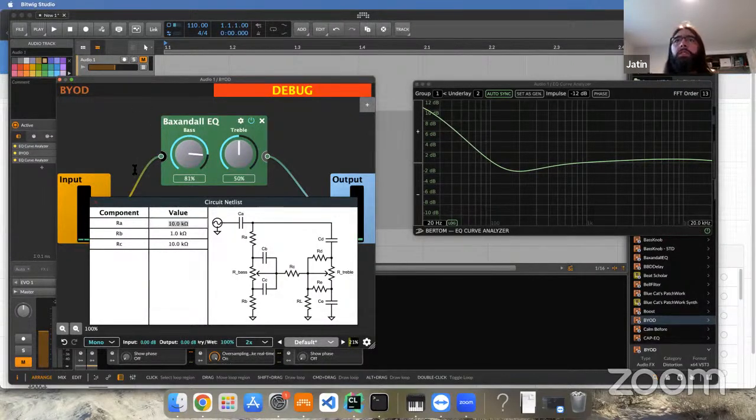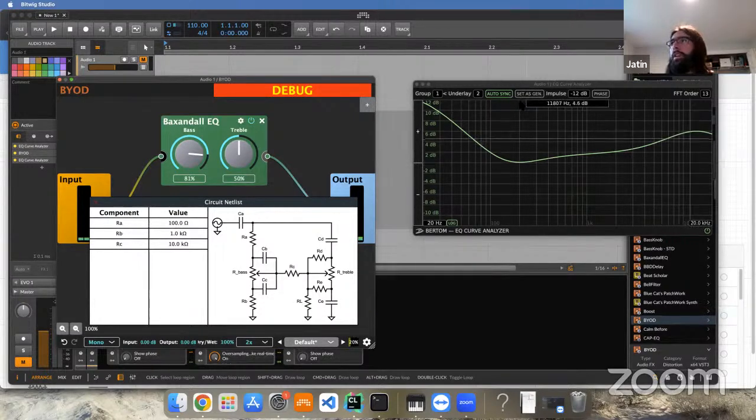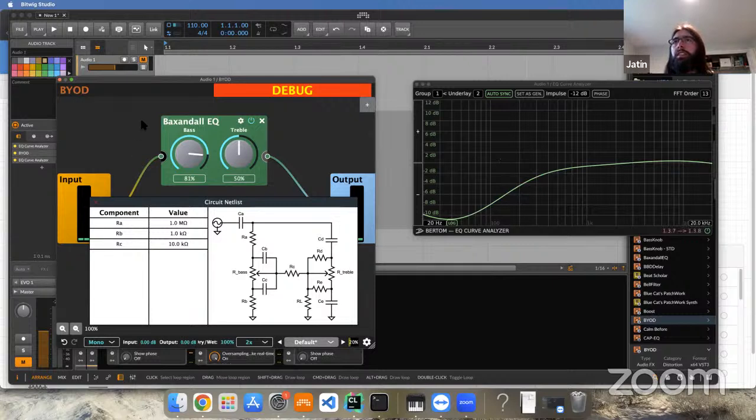So what if we change this to 1K? We get a boost overall. Makes sense. 100 ohms. Okay, so if we make it too small, then we get a boost in the treble frequencies as well. That's interesting. What if we make it really big? Interesting. So now we got this dampened low frequency response. Set that back to the default.